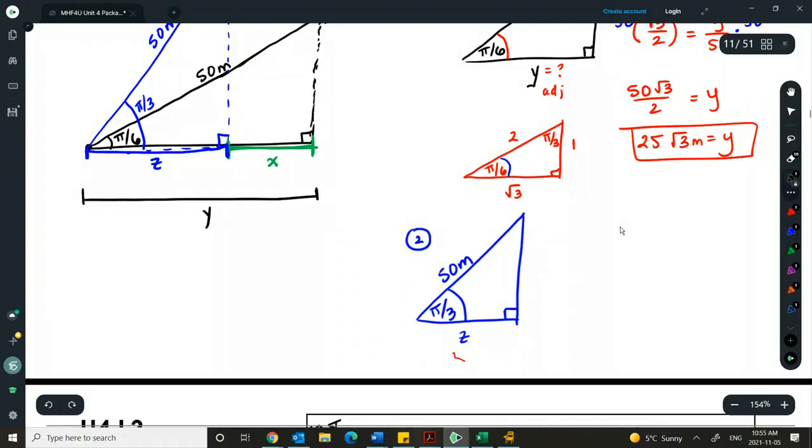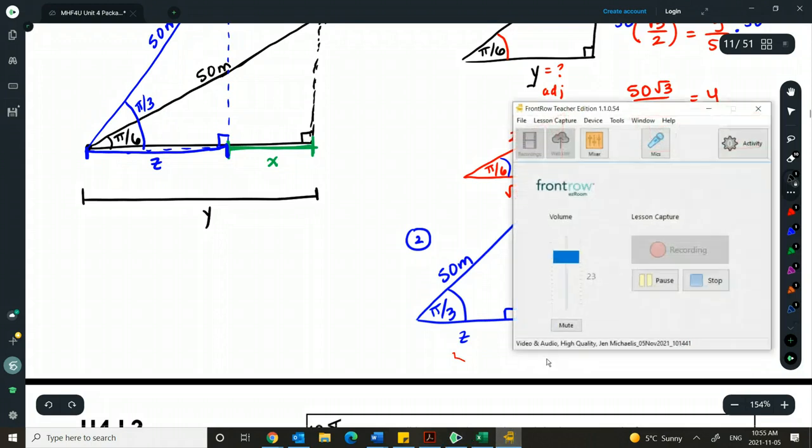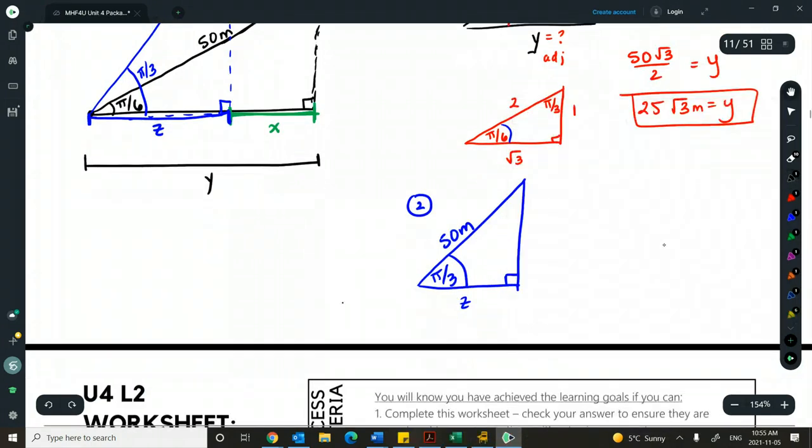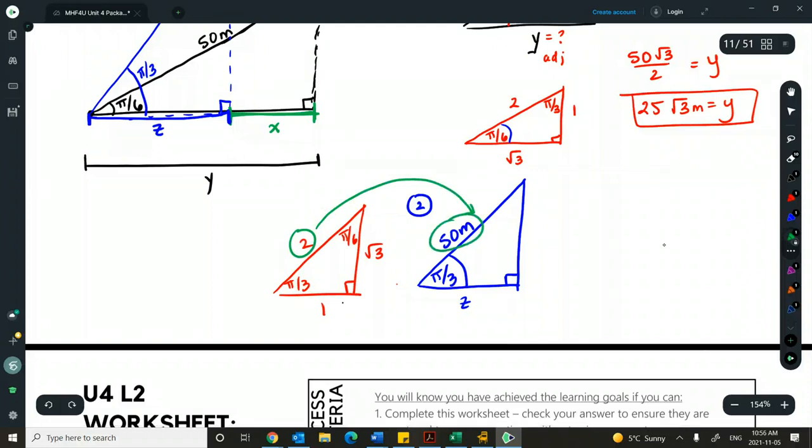And I think my pen stopped working here. Give me 2 seconds. So if I were to draw the smallest scale version of this triangle, this is 1, root 3, and 2. If we just observe here, 2, we already said 2 times 25 is 50.